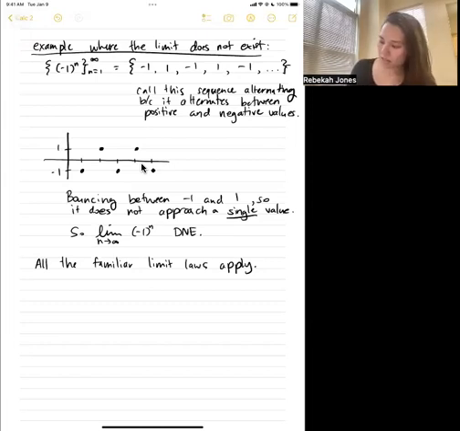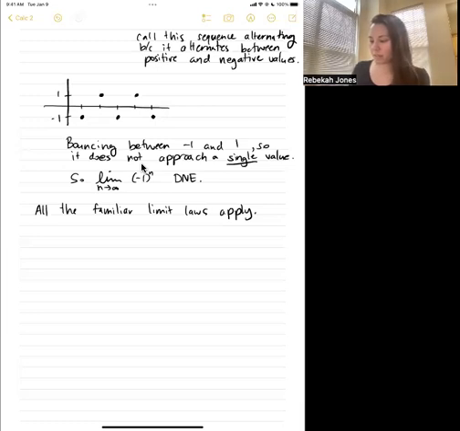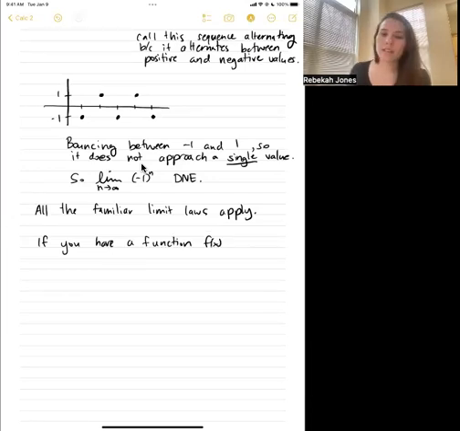And let me say this more carefully, but if you have a function f of x that agrees with your sequence at every positive integer, so the way that we can write that down is that when we plug in a positive integer n, we get a sub n, right?